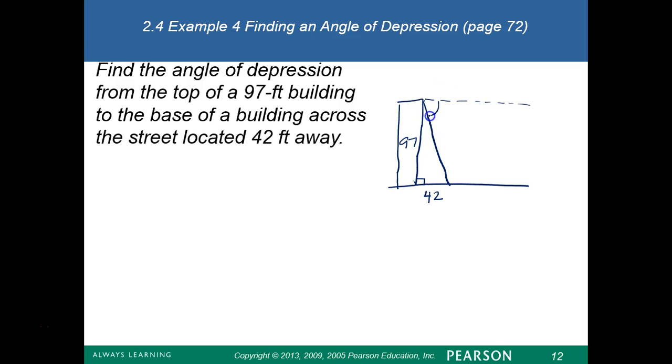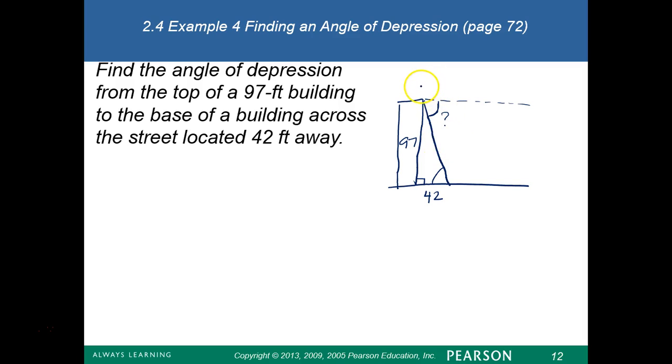We're trying to find out what this angle of depression is. From the previous exercise that we did, this angle of depression and this angle right here are congruent to each other. So if we find this angle, then we know the angle of depression.